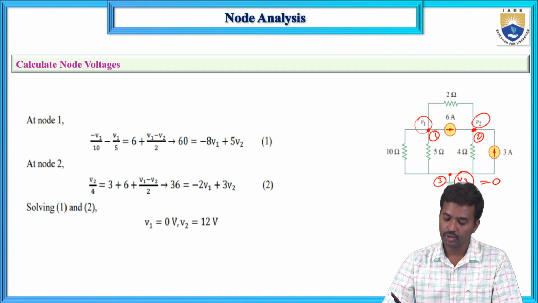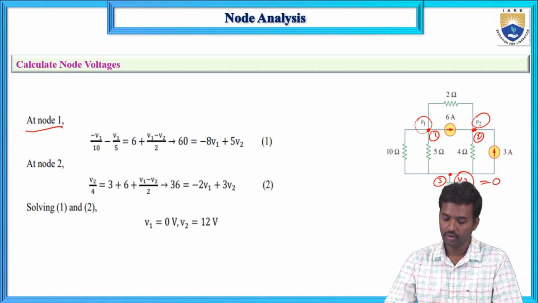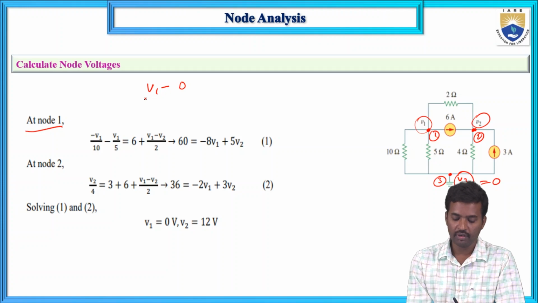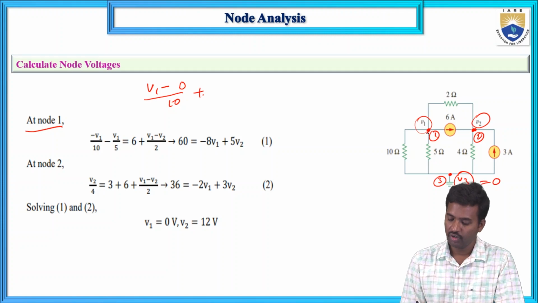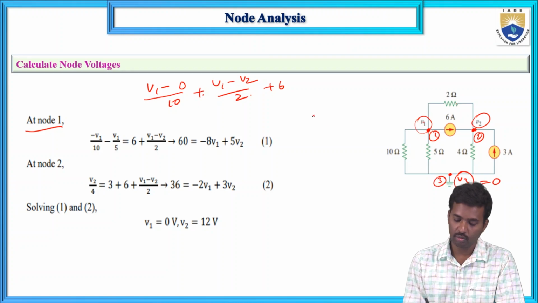Apply KCL at node 1. So that means (V1 minus 0) by 10, plus (V1 minus V2) by 2, and this is leaving current, so that is plus 6 on the LHS side, and RHS side minus 6, and (V1 minus 0) by 5, that equals 0.